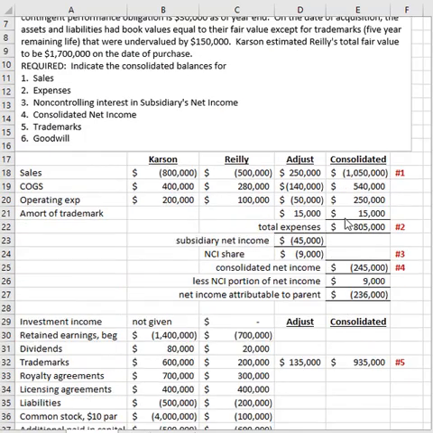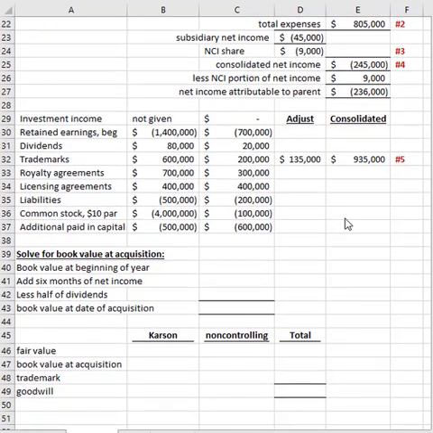Now, doing that last one, number 6, figuring out goodwill, we need the book value at the date of acquisition in order to solve for the fair value over the book value and then allocate that to everything with the remainder going to goodwill. So the book value at the beginning of the year: common stock, additional paid-in capital, and beginning retained earnings.